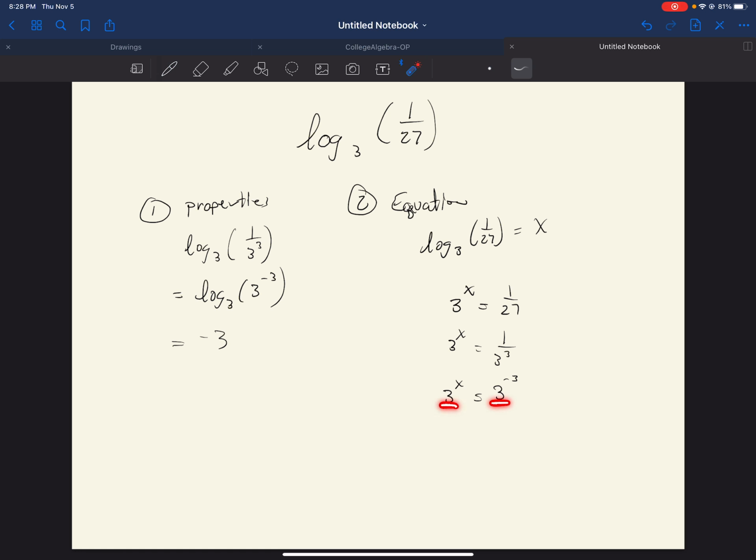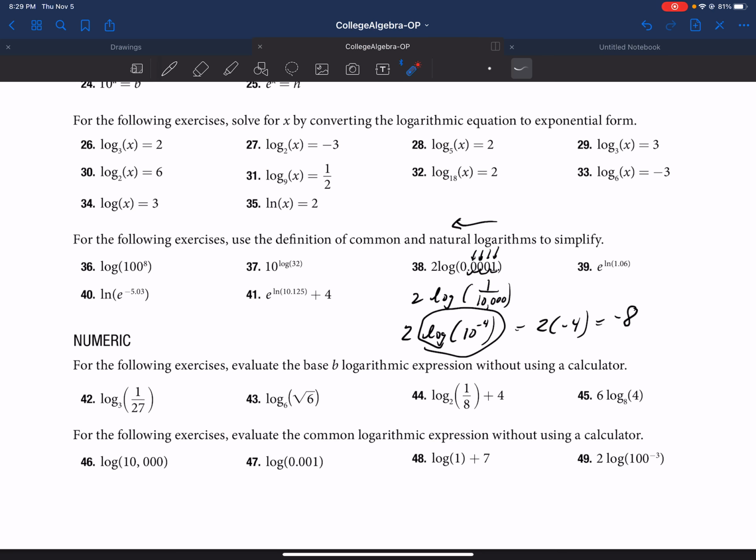And since the base is the same, the only way you can have a base to two different powers be equal is if the powers are equal. So that only happens if x is negative 3. And notice, that's what we got over there. I would still have to come back and take the x away and say, okay, so then it equals negative 3. But in the beginning, there was an x right there. And so that's kind of my way of understanding it.